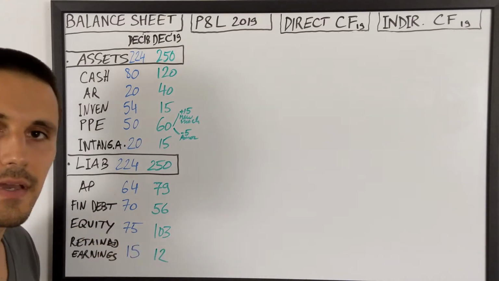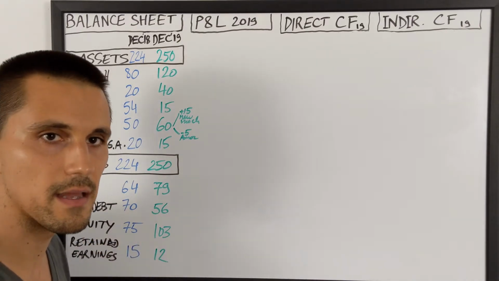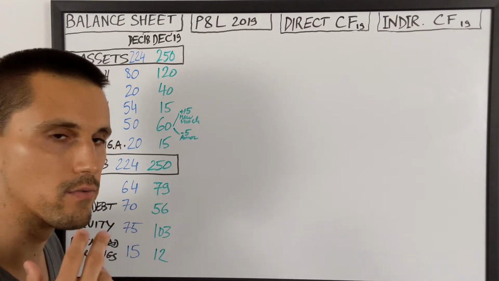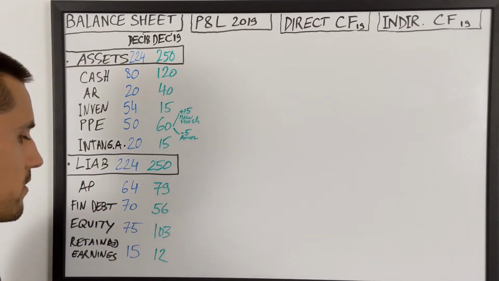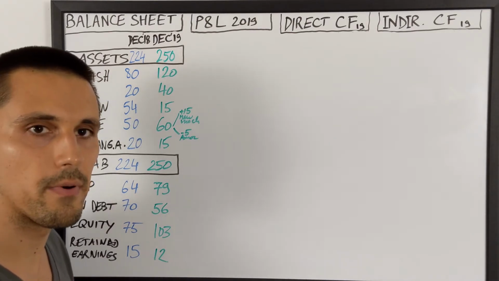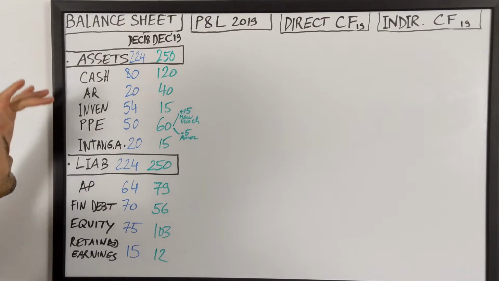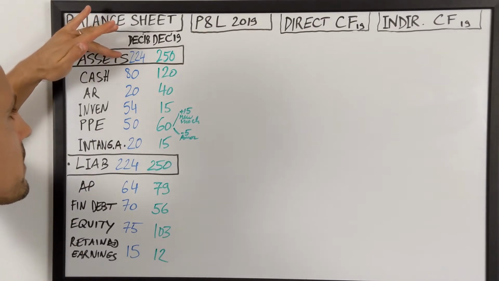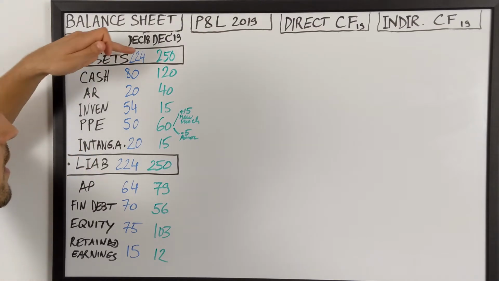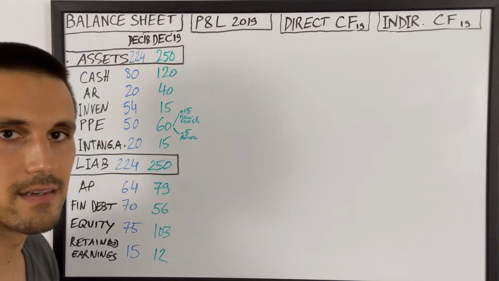Equity going up because our investor has trust in us and put some fresh money into our business because he trusts our brand and our products. And retained earnings roughly the same as last year. Last point, which is very important about the balance sheet, is always make sure that your assets for one year equal your liabilities, so 224, same for 2019 obviously.